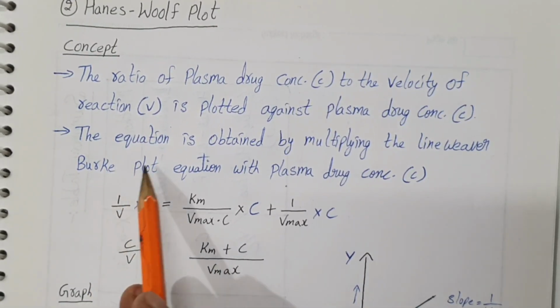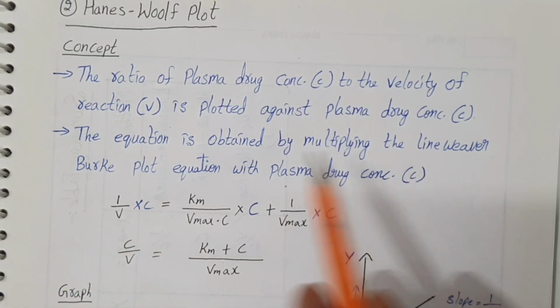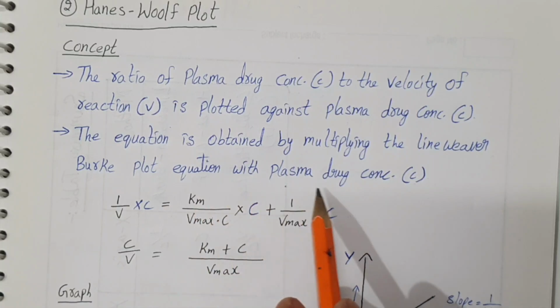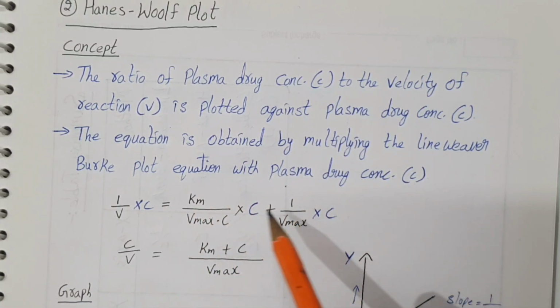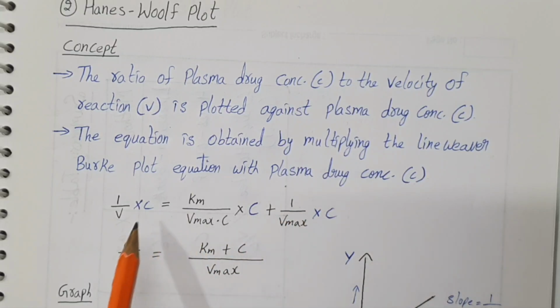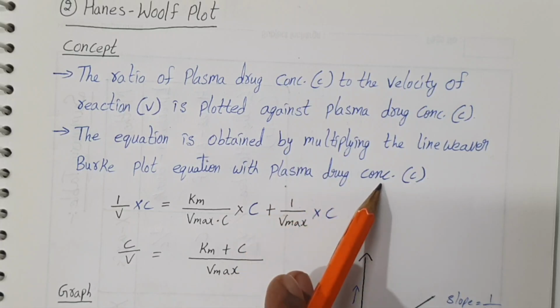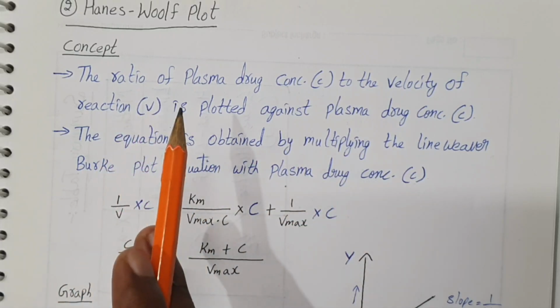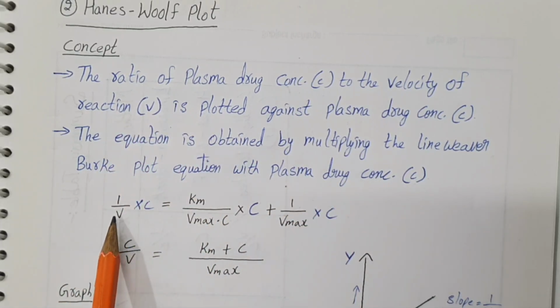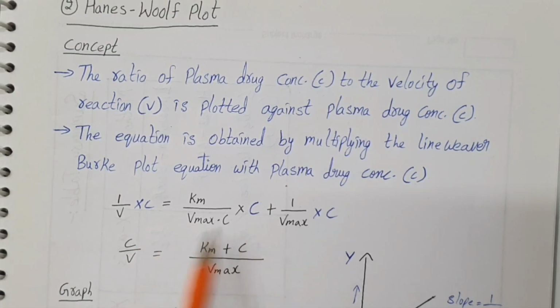We get this equation by multiplying the Lineweaver-Burk equation with plasma drug concentration. So this was the Lineweaver-Burk plot equation and I am multiplying it with the plasma drug concentration.